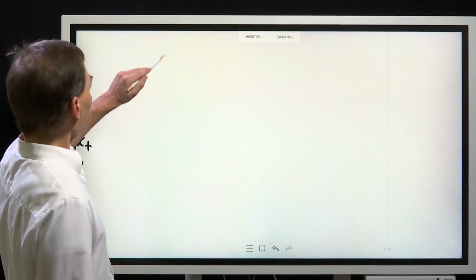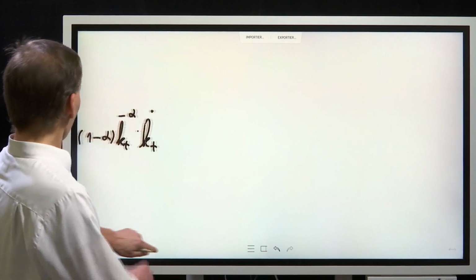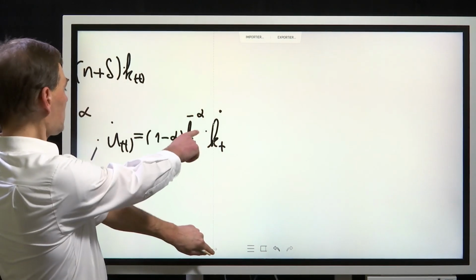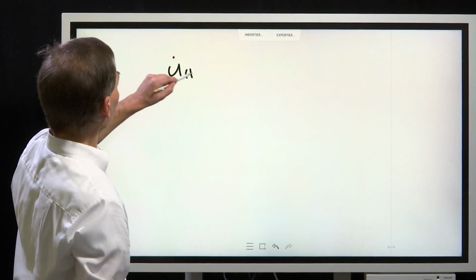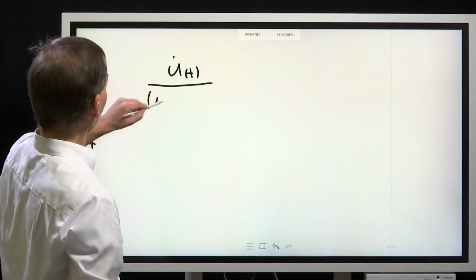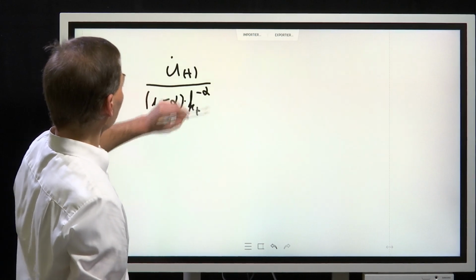On the left hand side we have k dot of t, but k dot of t is, according to this equation, u dot of t over (1 minus alpha) k(t) to the power of minus alpha.